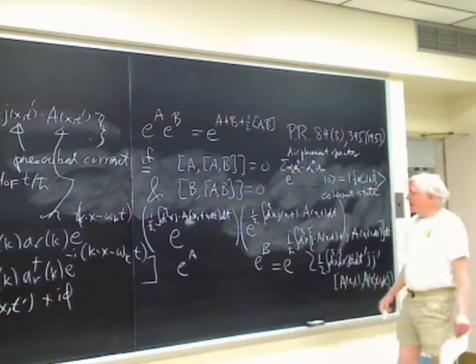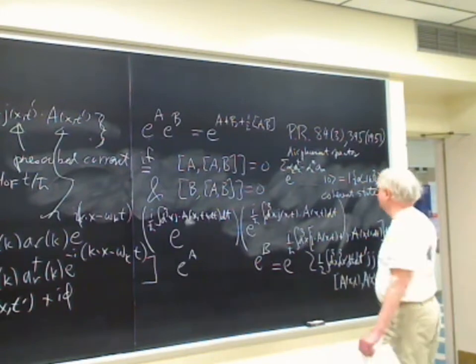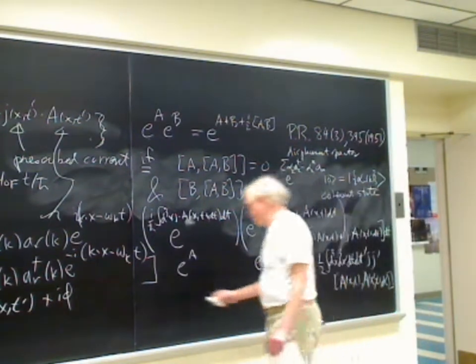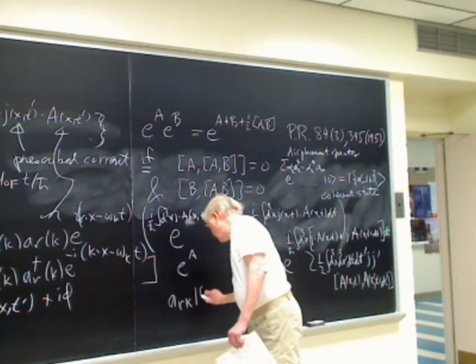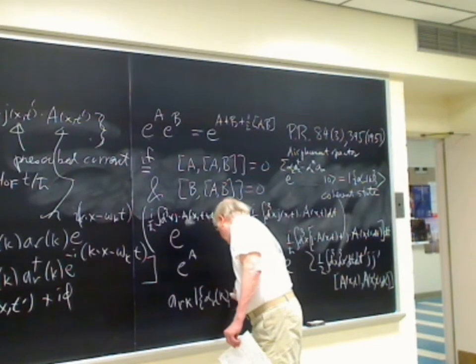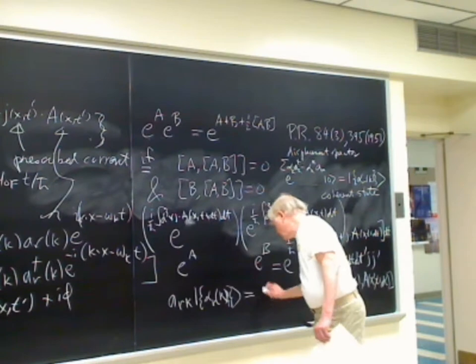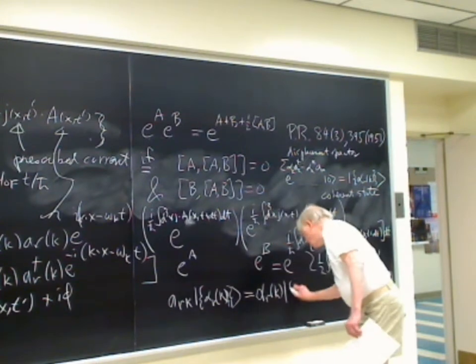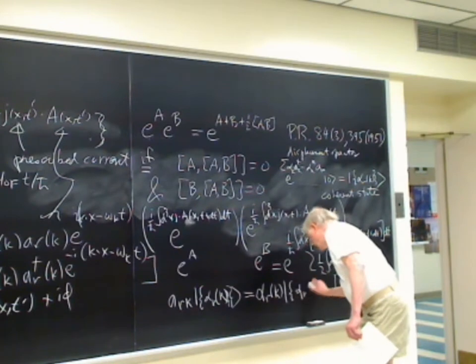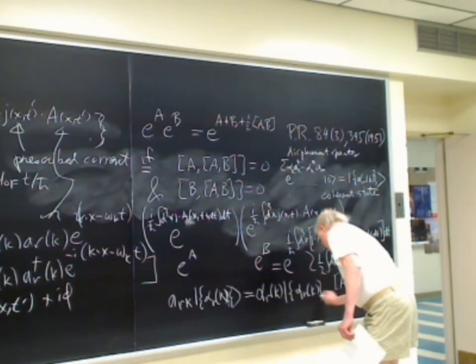And it has the remarkable property that A sub r of k on this coherent state alpha sub r of k is equal to alpha sub r of k times this state alpha sub r of k.